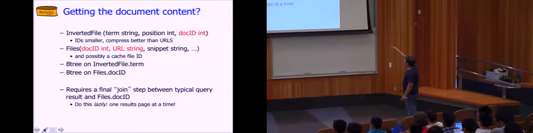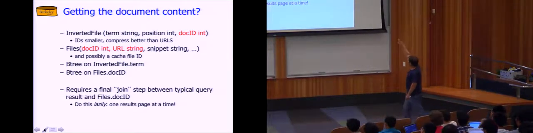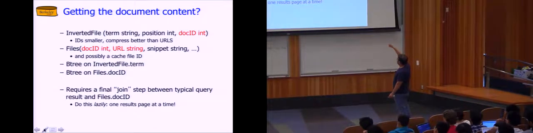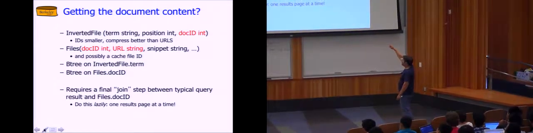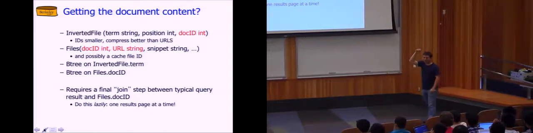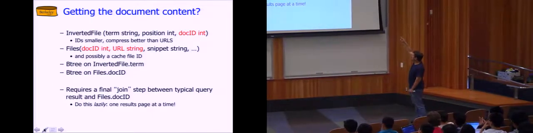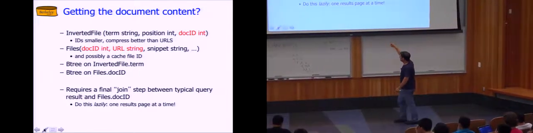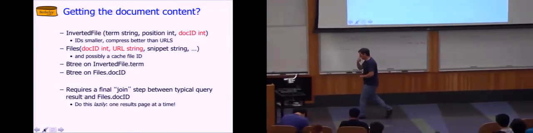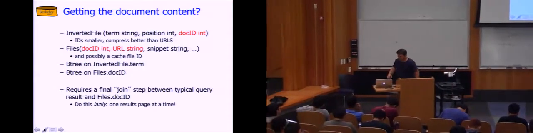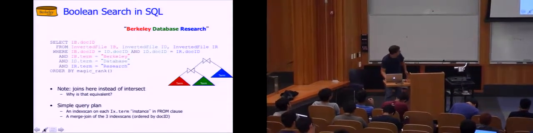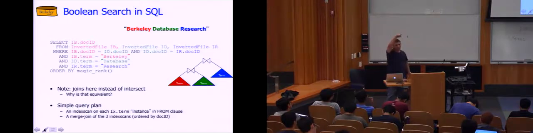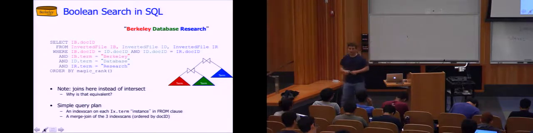So we'll build a B tree on term to get the lookups in the inverted file table, and a B tree on files.docid to do the lookups after you get the IDs out of the query to do the lookups in the files table. So that's that final join step between the queries we saw in the previous slides and files.docid. Right? So we're going to take a query tree like that one and add one more join on the top to look up the documents.